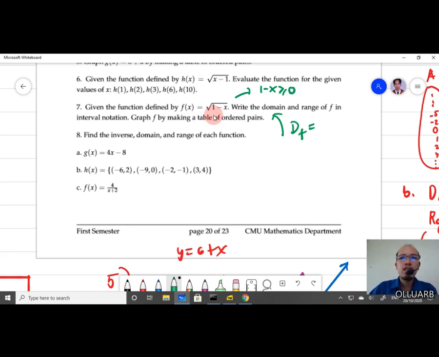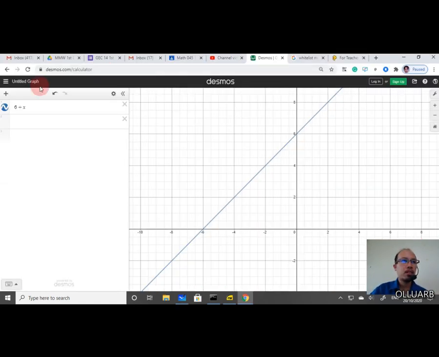Okay, so that means if you solve this inequality, we have x less than or equal to 1. Okay, so the domain is from negative infinity to 1, including 1.